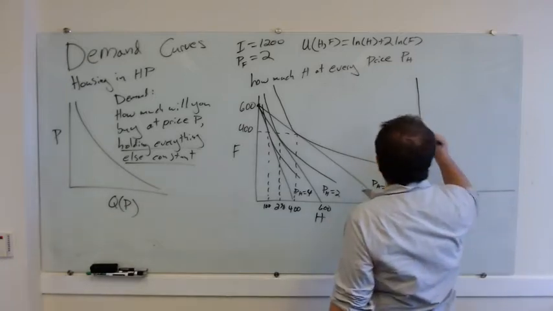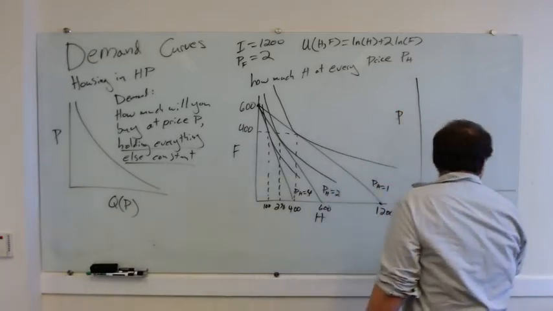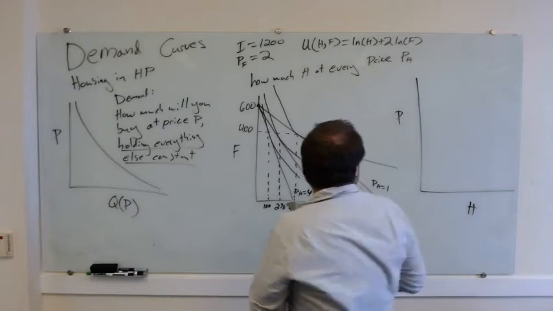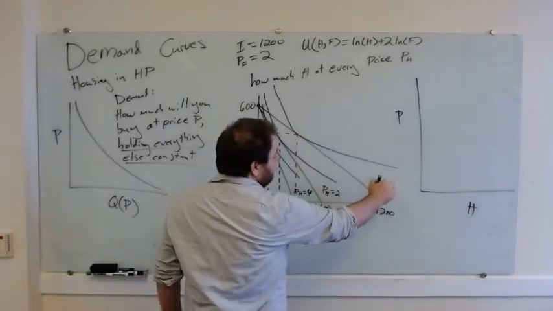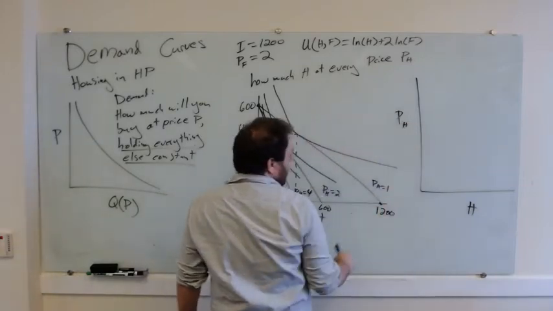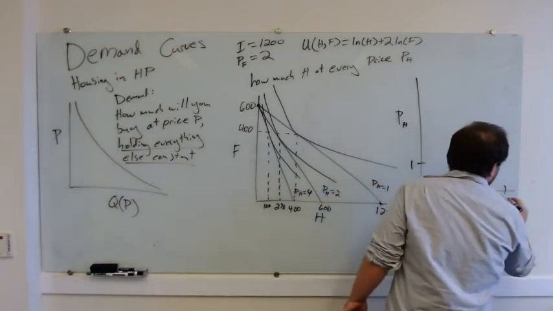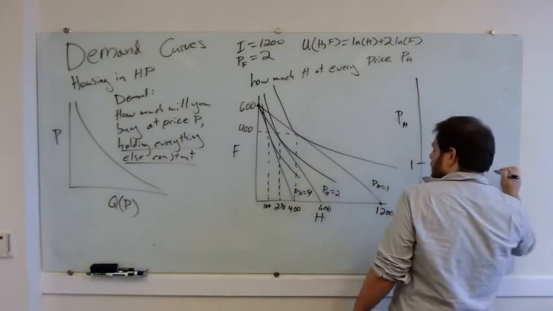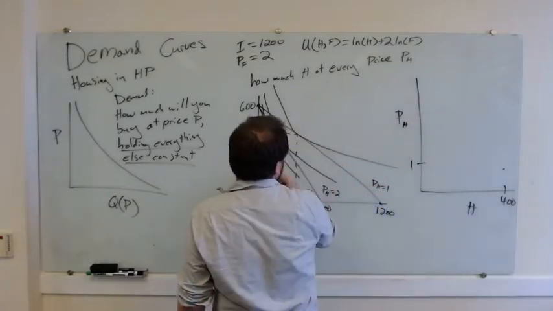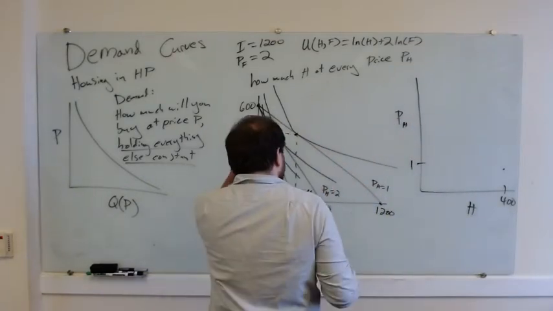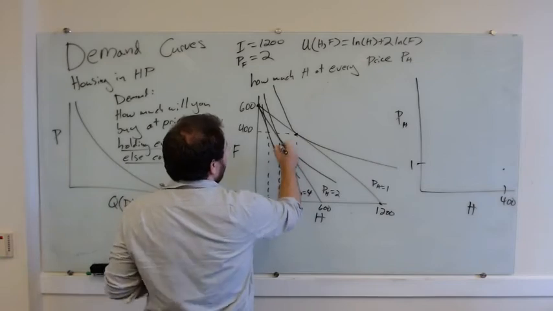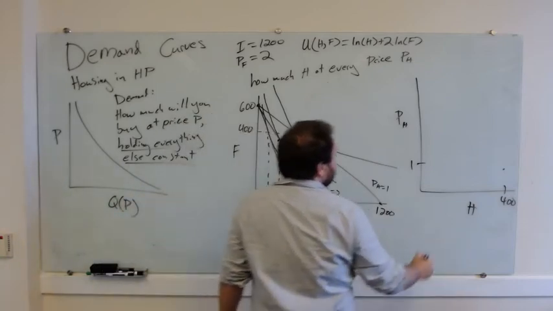We could simply take the results of each of these optimization problems and report them on a new graph, right? So we could have p here, we could have h here. We'd say, well, let's see, when p was 1, h was 400. So we would put a point in our graph, 1, 400, that would correspond to this choice here. And when p was 2, h was 250.